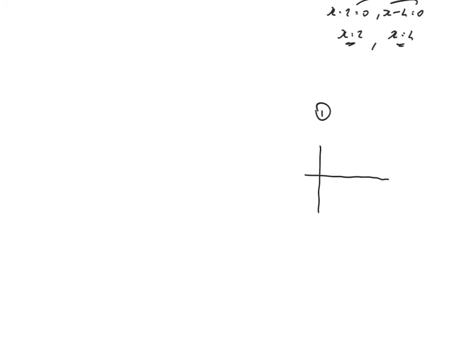Okay, example 1. We've got a parabola that goes through -3 and 2 for the roots, and it cuts the y-axis at -12.